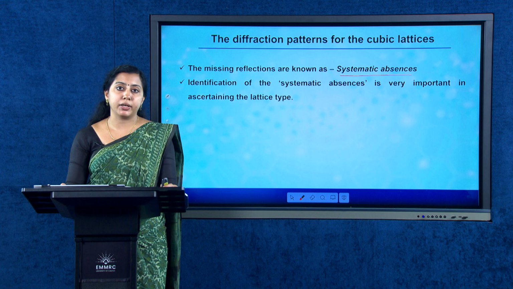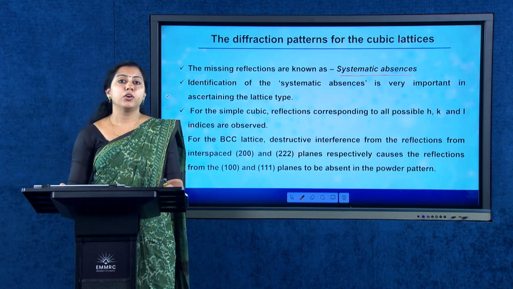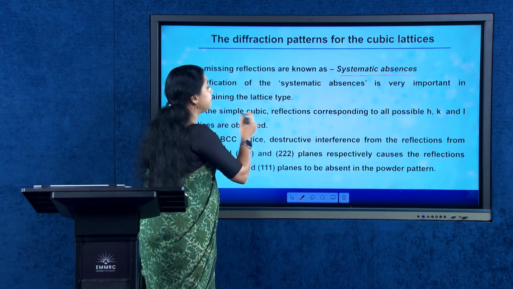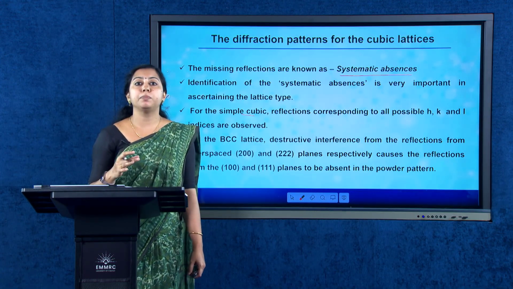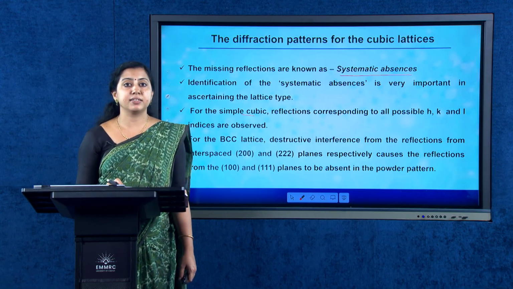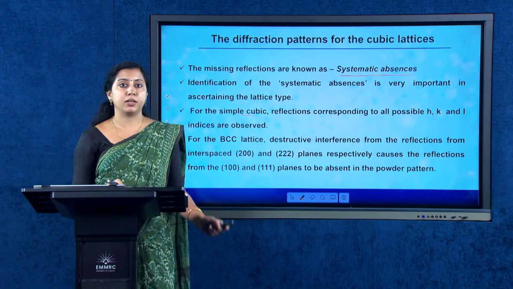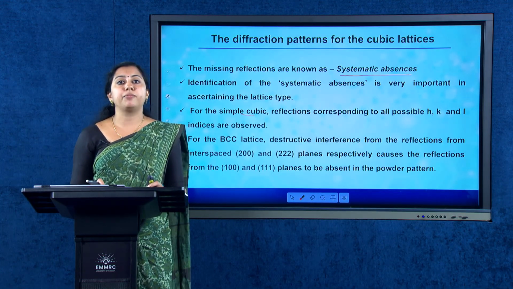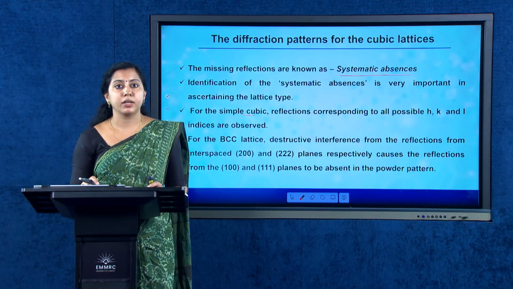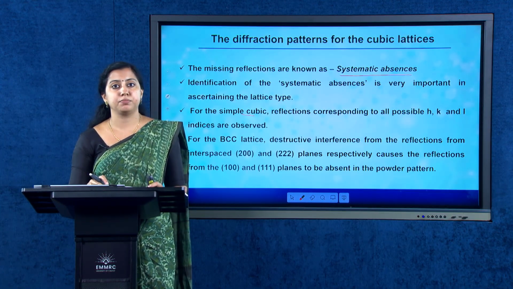Let us see a few examples. For the simple cubic system, reflections corresponding to all possible h, k and l indices are observed. So, for any value of h, k and l, we can see reflections from all these planes in the case of a simple cubic system.